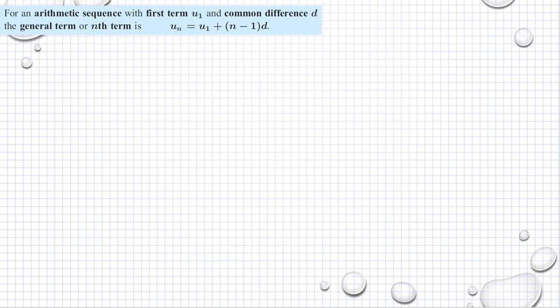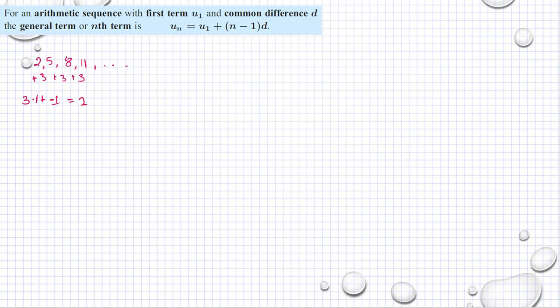We're going to use the example we had before again, 2, 5, 8, and 11. Before I said that we have plus 3, plus 3, plus 3. And then you have 3 times 1 plus something is equal to 2.